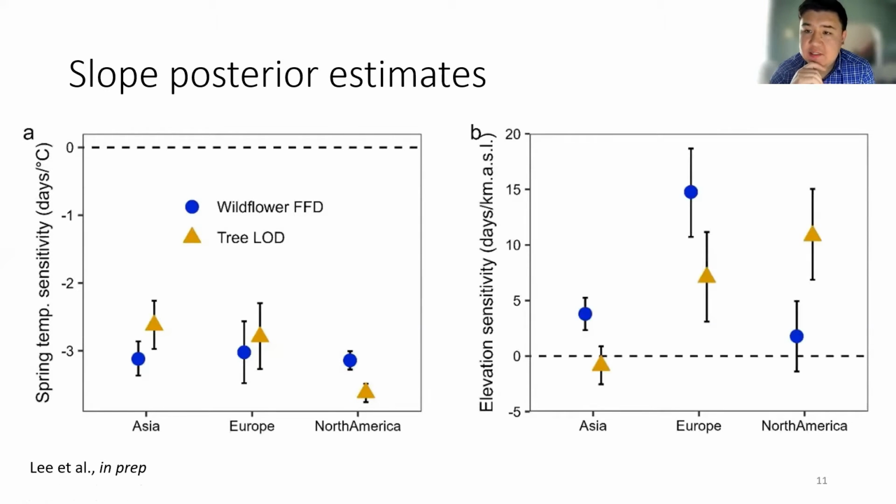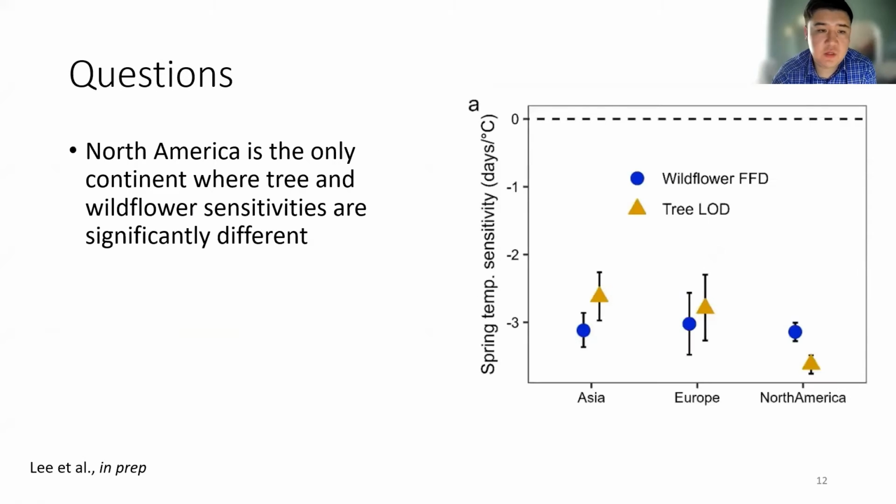This is the posterior estimated means and 95% Bayesian confidence intervals for the elevation terms. I just want to point out that most of these are positive effects, where the higher the elevation, the more delayed the phenology is. But if you have questions about this, I'd be happy to answer them later or via email.